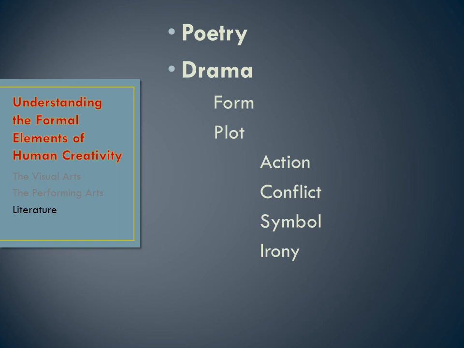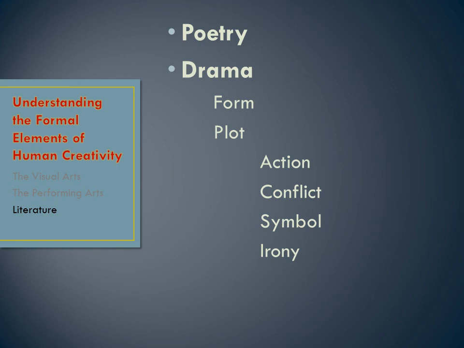And so action in drama might start off kind of at a low level. You learn what the background information is in the story, and then the action rises as the conflict, the problem, becomes more serious and more serious, and it gets to a point where something's got to happen. That's called the climax point. Something's got to happen if the problem is going to be resolved or not.